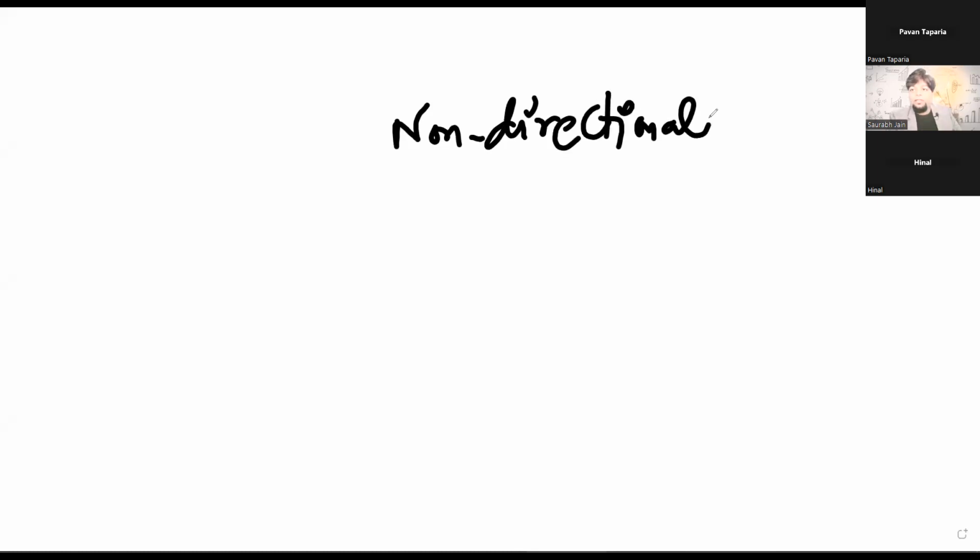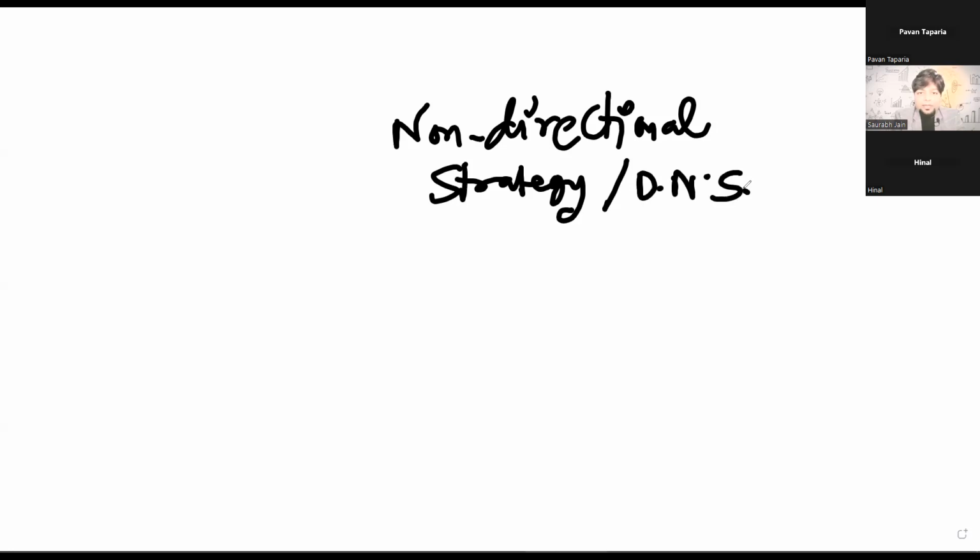It is? Okay, great. So let's understand that for any kind of non-directional strategy, which we generally call a delta neutral strategy, it means we are not biased towards a direction.